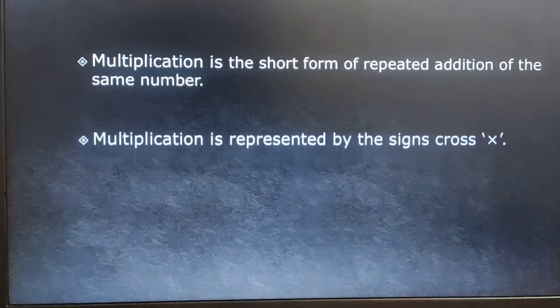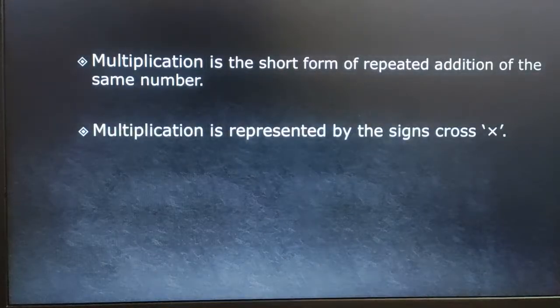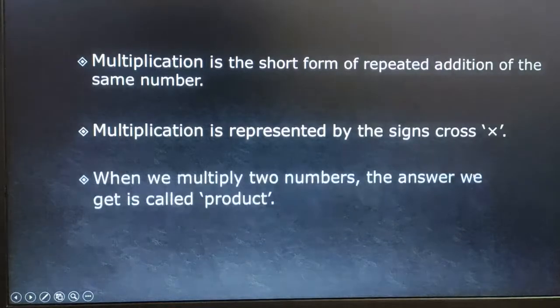Alright, now multiplication is represented by the cross sign. The cross sign, the into sign, we are using for multiplication.